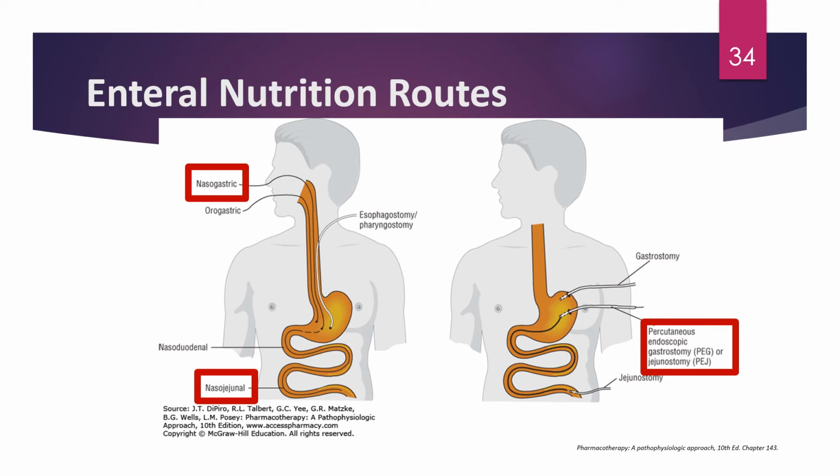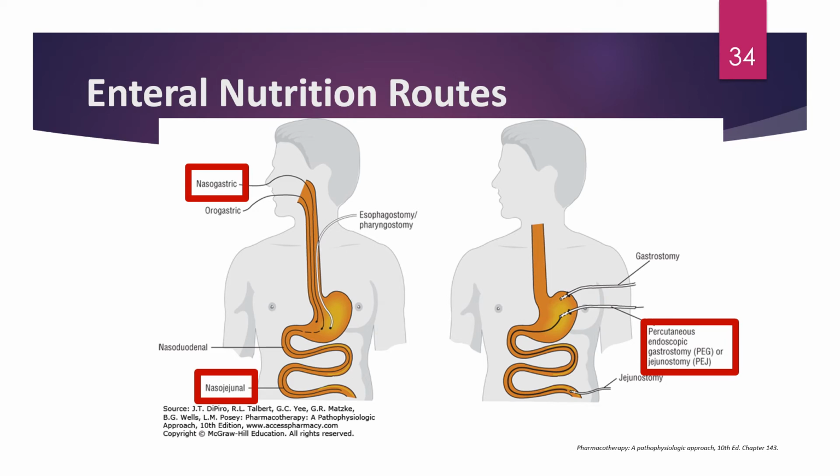Another reason why we don't keep them is because these nasogastric and nasojejunal tubes just don't look nice, because obviously they are not inconspicuous. They can be seen very easily by anyone that you interact with, and that can obviously cause problems for patients socially.